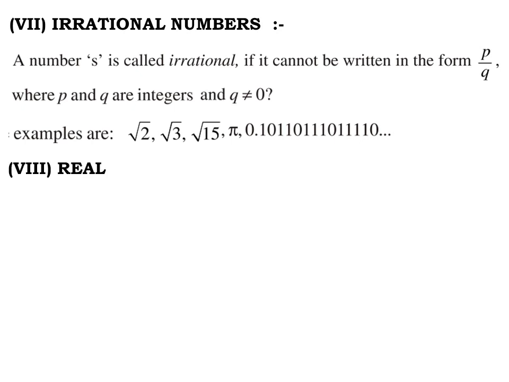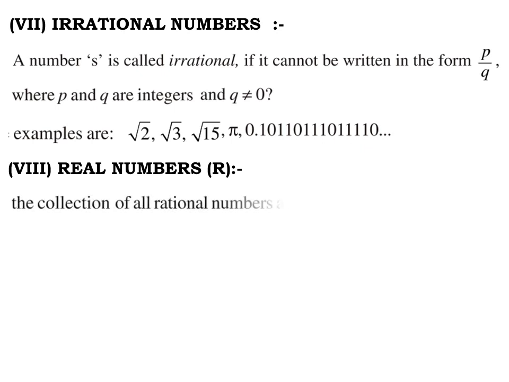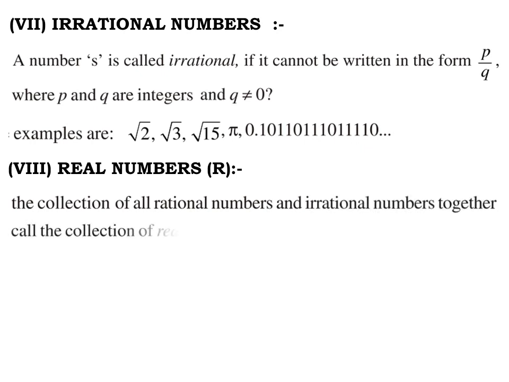So next type, real numbers, which is denoted by capital R. This is very important: the collection of all rational numbers and irrational numbers together is called the collection of real numbers, which is denoted by R. In rational numbers we also have the natural numbers, whole numbers and integers.